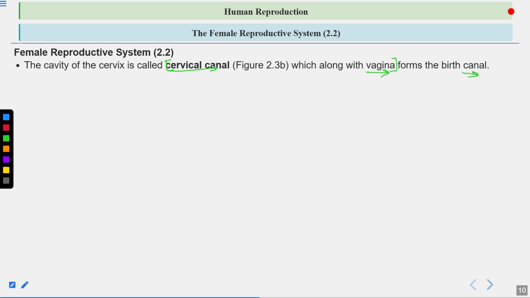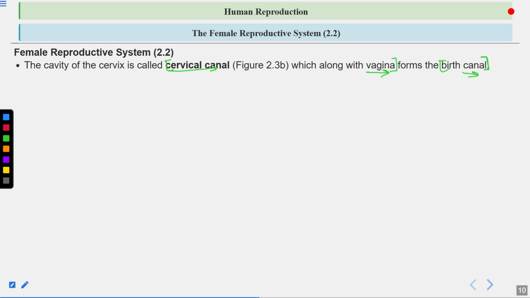So you should remember all the scientific terms, like fertilization. We'll talk about implantation also later in our lectures. Clear? And then parturition, which is childbirth, and lactation, which is the release of milk from the mammary gland. You should remember all these scientific terms. You should know about the birth canal.